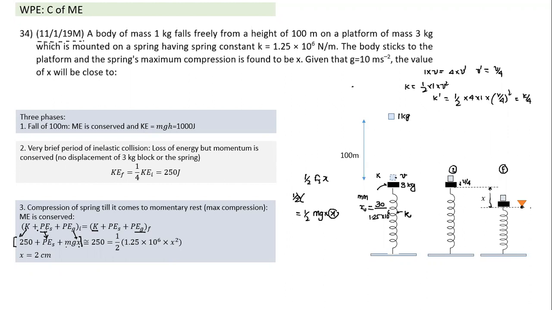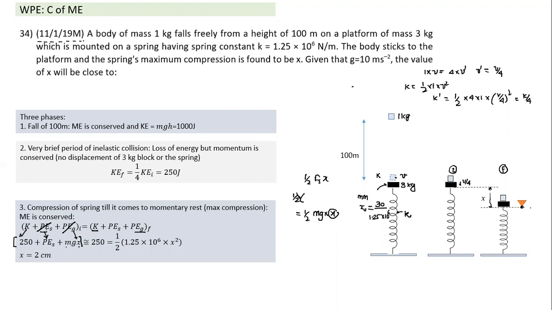Compared to 250, these numbers are less than 1, so I can neglect them. Then it becomes easy. Otherwise, this becomes like a quadratic equation, which is a little cumbersome to solve. If we neglect these 2 numbers, I take this entire energy as equivalent to 250. Some of you can check and try to understand why I'm neglecting these numbers.